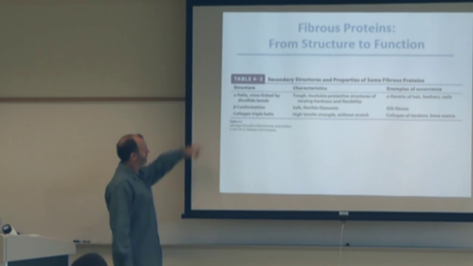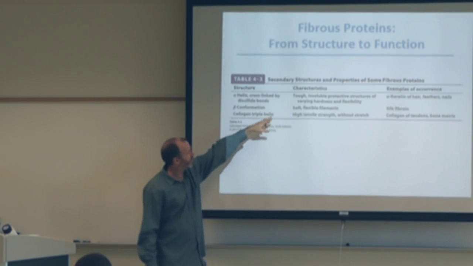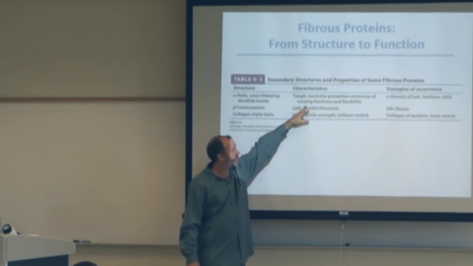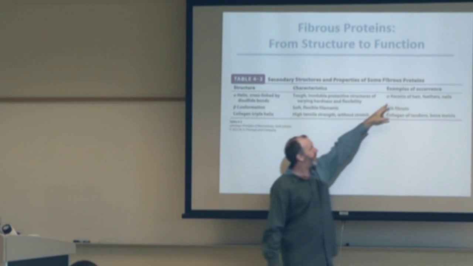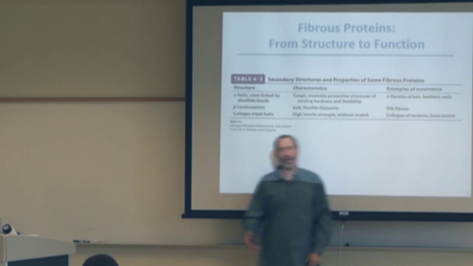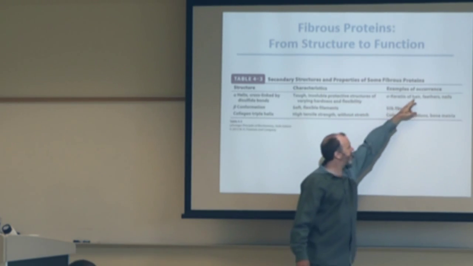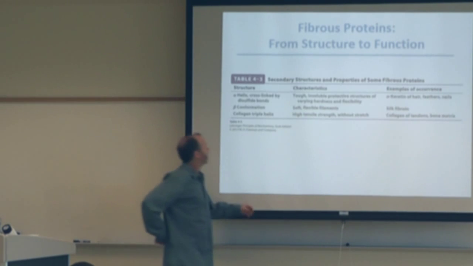Fibrous proteins, from structure to function. You can have alpha helices cross-linked by disulfide bonds, and they're tough, insoluble, protective structures. This is what we find in alpha keratin. Alpha keratin has a lot of alpha helices that make up that structure, and it makes up hair, feathers, and nails.